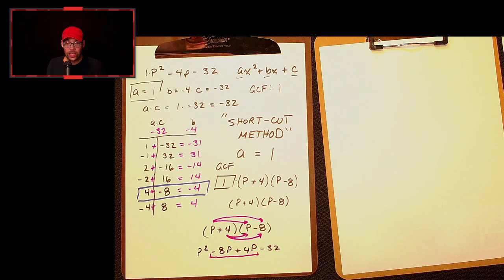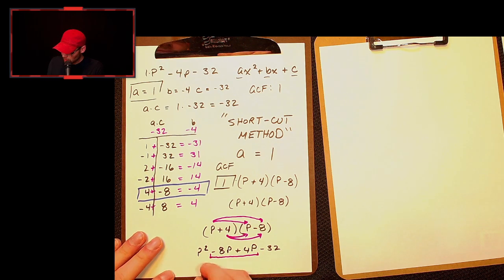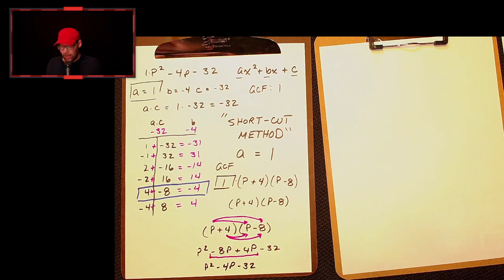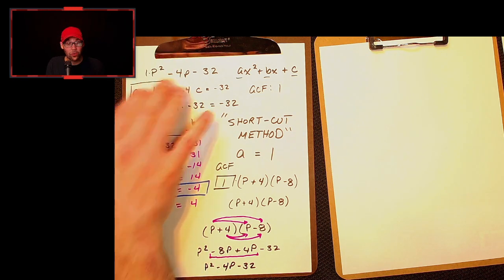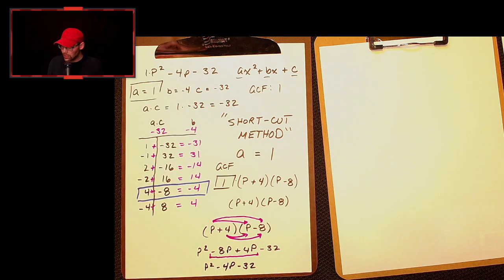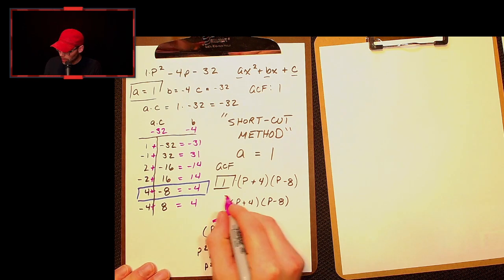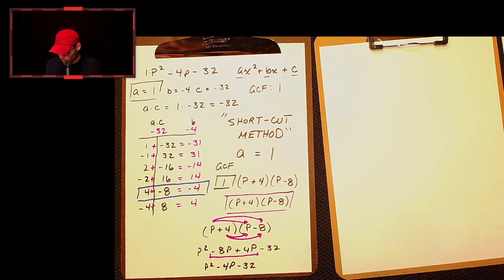Here we do with negative 8p and 4p. So what we end up with is p squared minus 4p minus 32. And this is exactly the problem that we started with. So that means we can be 100% sure that our factors are correct.